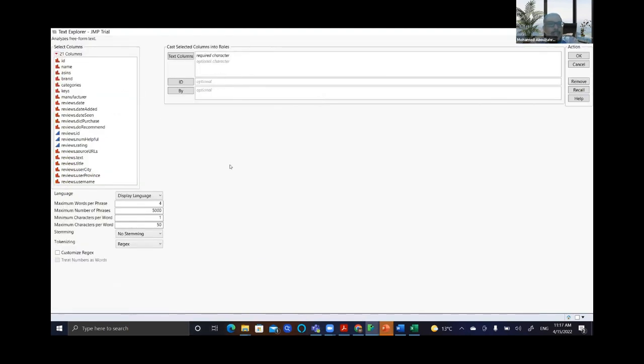It will open the window that you see in front of you. All I need to do is pick the field with the text that I'm interested in. I'm interested in analyzing reviews.text. I will click it and click text columns, and you can see it goes right here.